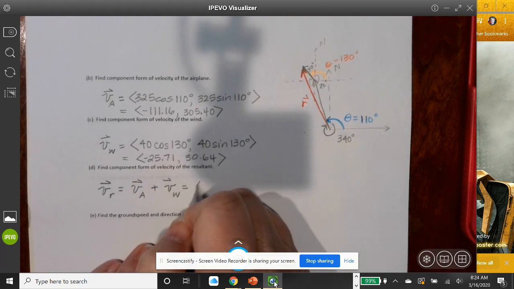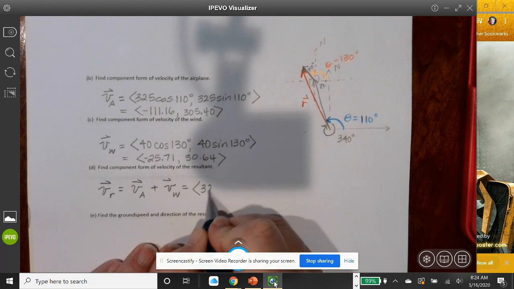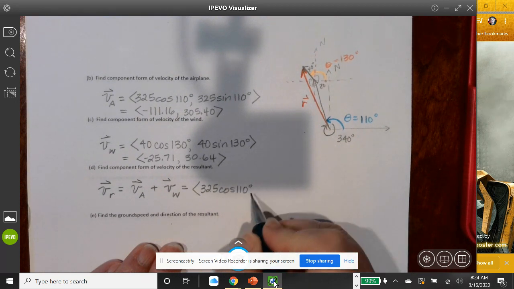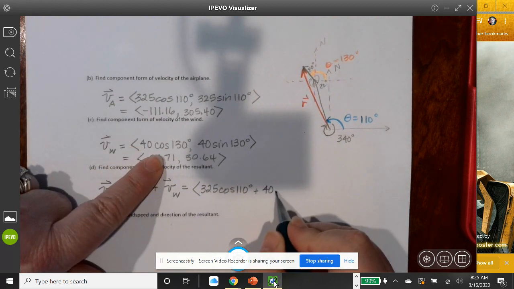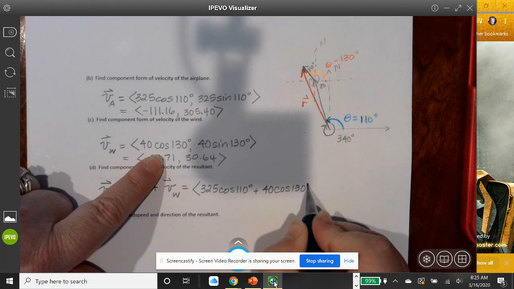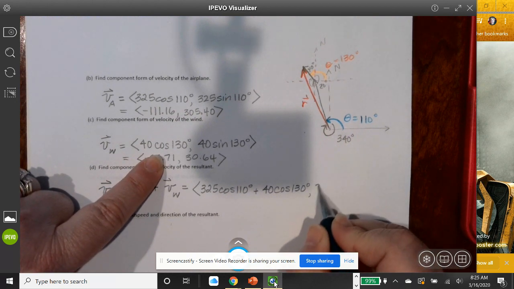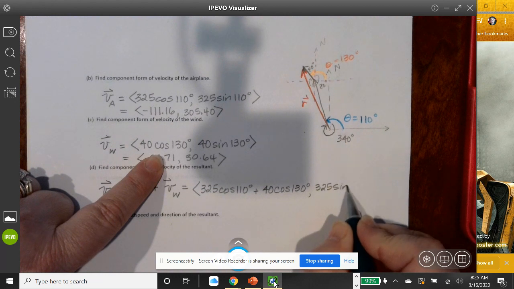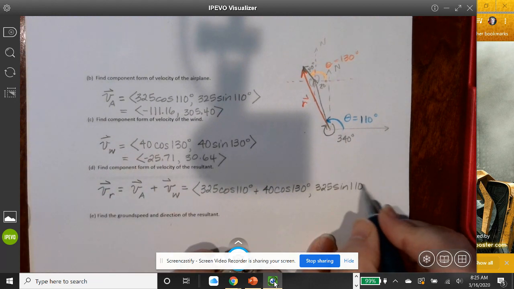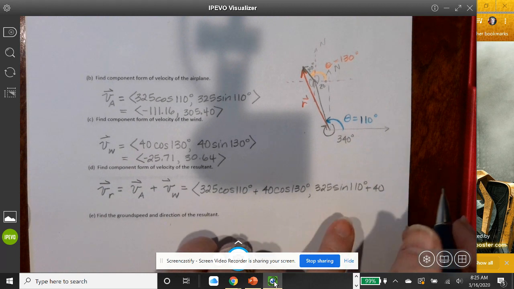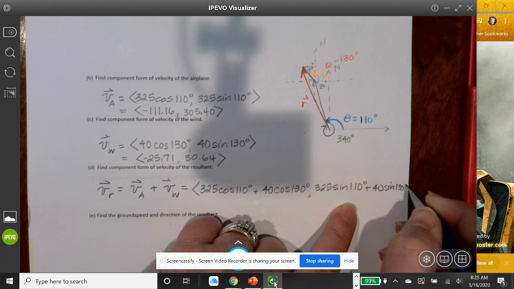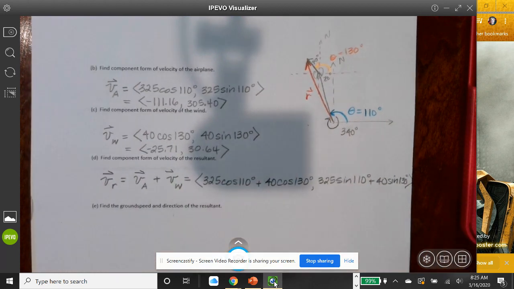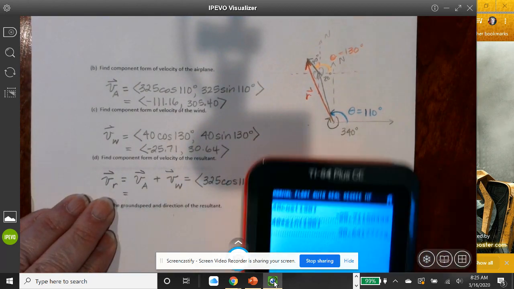So that's going to be 325 cosine of 110 plus 40 cosine of 130, because you just add the x components together and then you add the y components together, 325 sine of 110 plus 40 times sine of 130. I'm running out of space here, story of my life. Just barely made it. Now we're going to do that on the calculator.